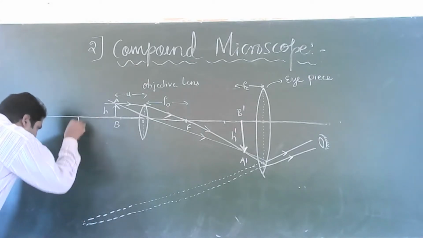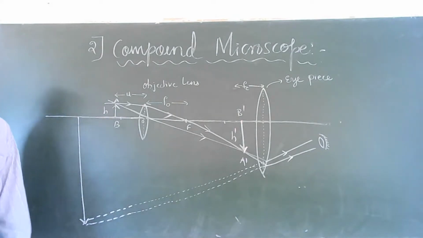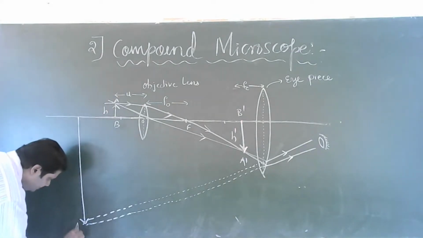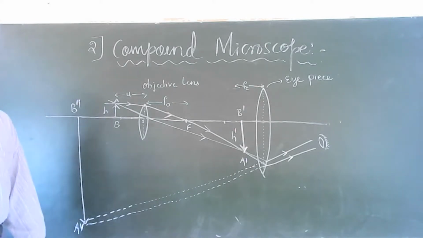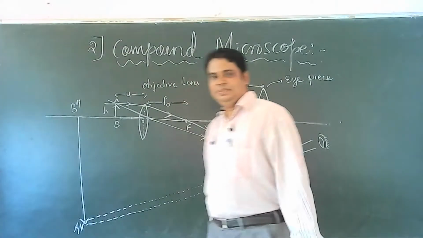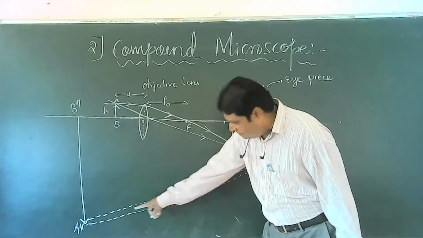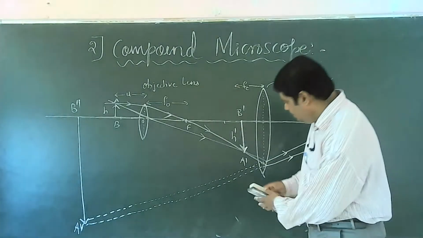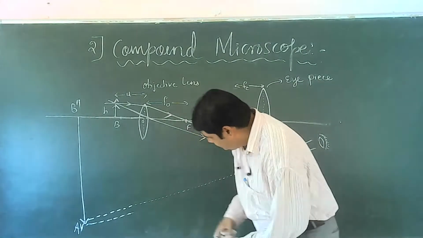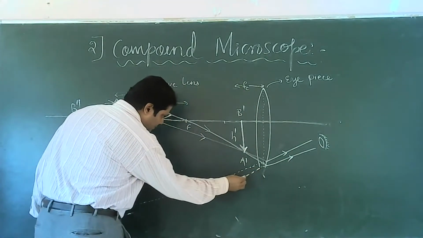Somewhere here, a very much enlarged virtual image is formed. See. Okay, this is not very straight. Once again, lack of scale. We'll draw.